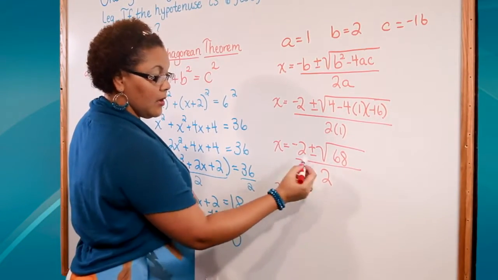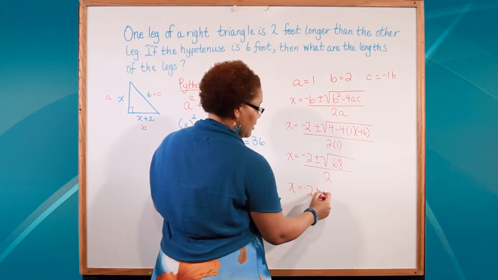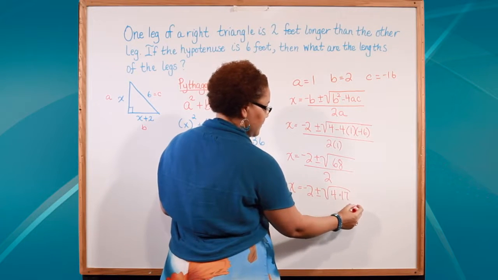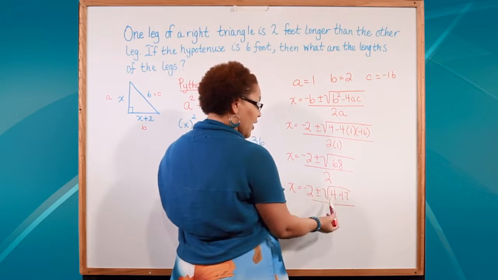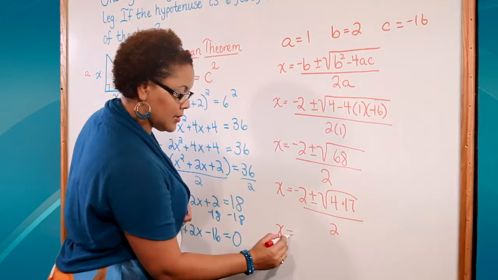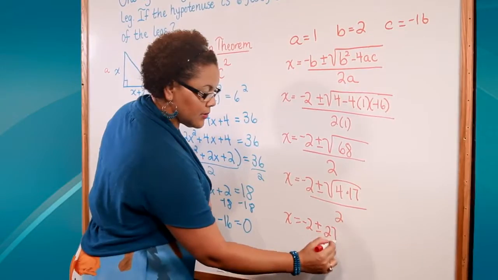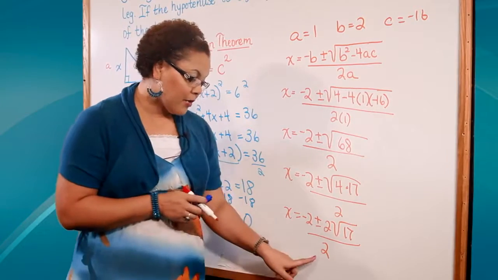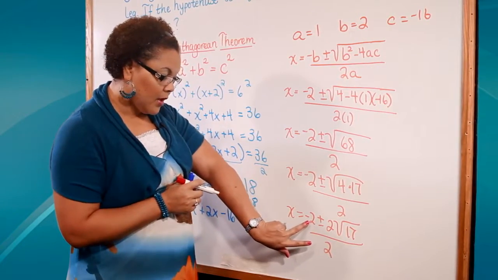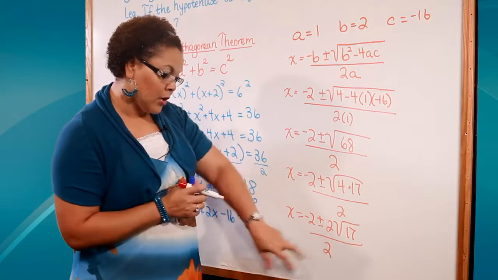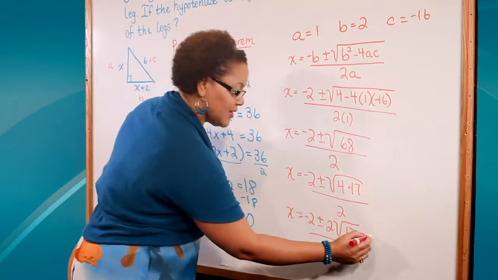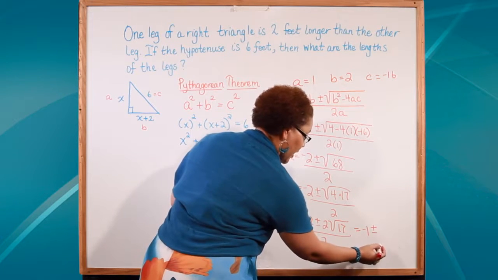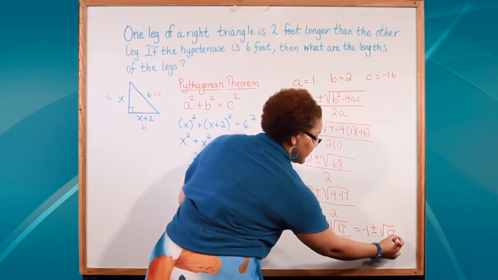I can simplify underneath my radical here. 68 has the factors of 4 times 17. And I now can find the square root of 4, which is 2. And in my last step, because my denominator here is 2, I can reduce it with the negative 2, and I can also reduce it here with the positive 2. So this simplifies to x equals negative 1 plus or minus the square root of 17.